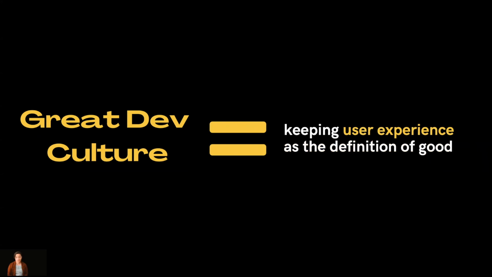Great dev culture keeps user experience as the definition of good, because that allows everyone at any level in the business to understand the bottom line of what and why we come to work every day to improve these systems. It allows us to have a shared and external to the organization understanding of what that good is. That's absolutely understandable and measurable from the user's experience.